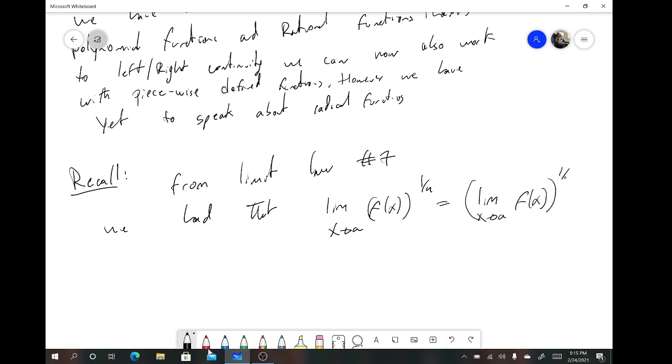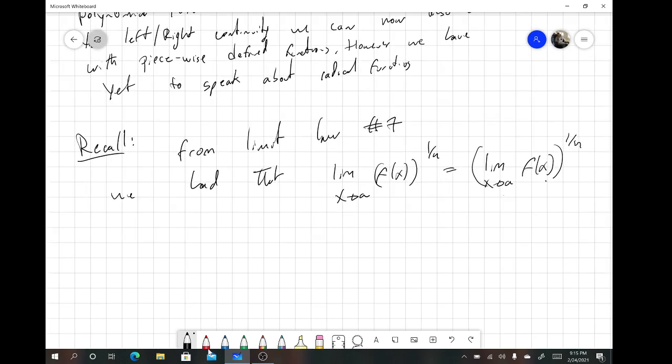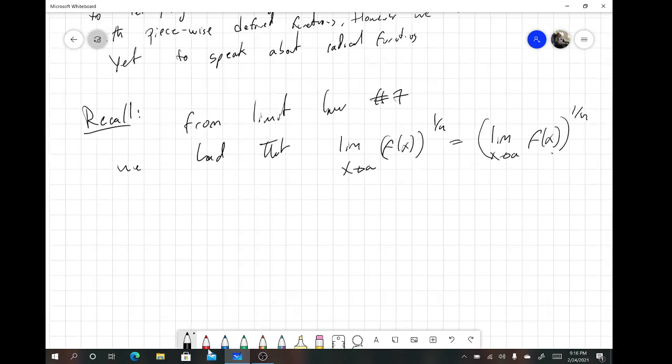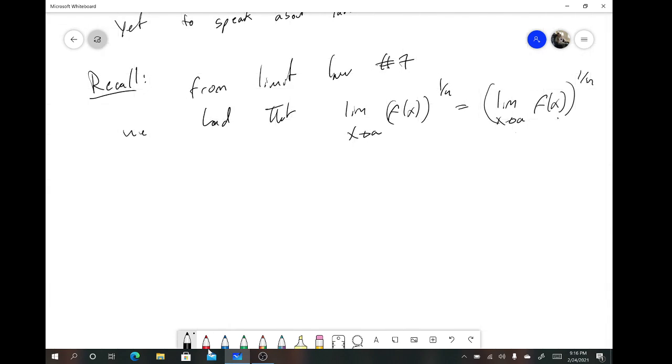So what this means is that we could first take the limit, then raise it to the fractional power, meaning we could take the root after we take the limit. And we just saw that in the last example that we did in part 1 of this lecture. But this only holds if f of x is positive for x's near a and n being even. Because remember, we cannot have negative inside of even roots.